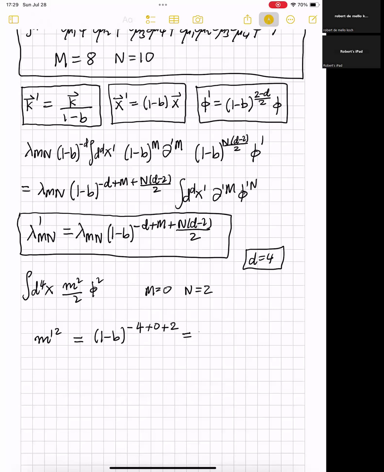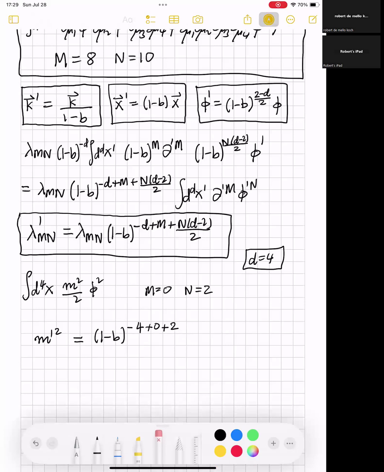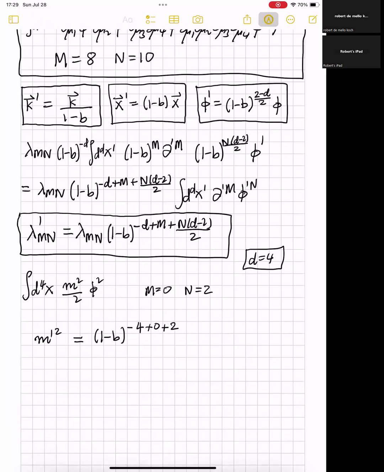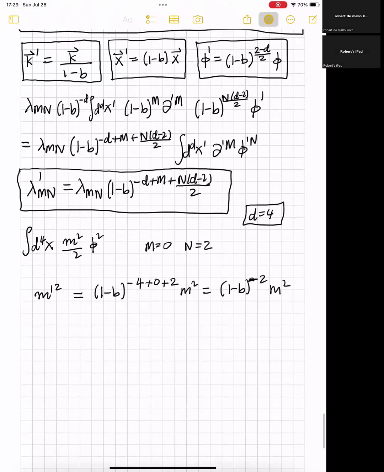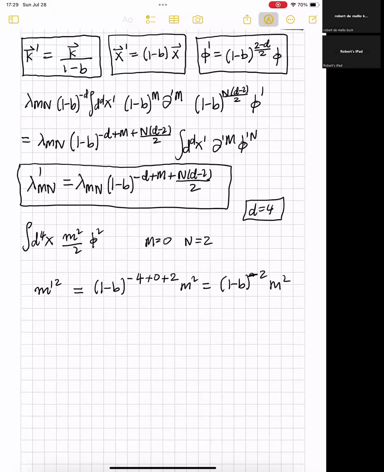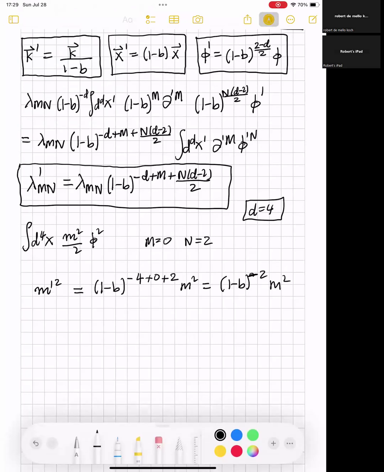So we land up with, and this should be times m squared, because we've got the lambda_mn there, our coupling is m squared. So m prime squared is equal to (1 minus b) to the minus 2 times m squared. And then if we repeated these steps again, we get another factor of (1 minus b) to the minus 2 sitting there.